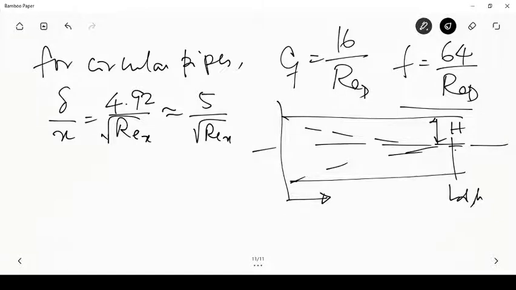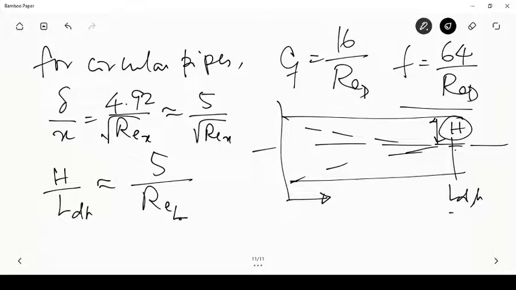Now if I substitute delta as h and x as L_DH, so when delta becomes h, the length x becomes L_DH, and that would be approximately equal to 5 divided by Re_LDH to the power of half. Okay, so now this will help us find out what the L_DH would be for a given situation.